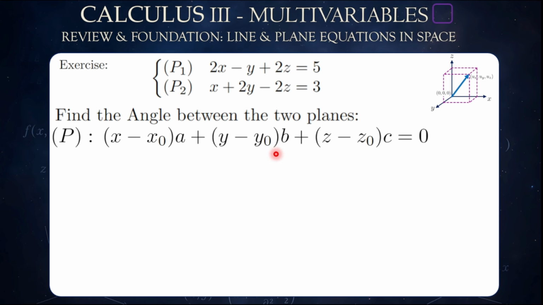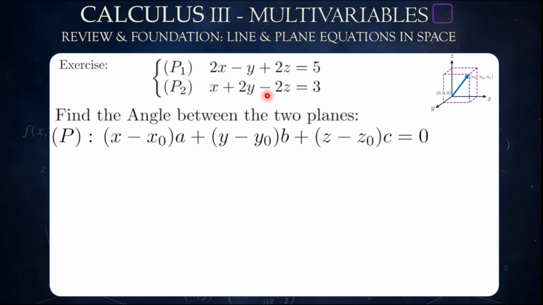As you notice, a, b, and c are the coordinates of the normal vector of the plane, and these are the same arguments multiplied by x, y, and z respectively. So for P1, for instance, the normal vector is given by 2, minus 1, and 2. These are a, b, and c respectively.